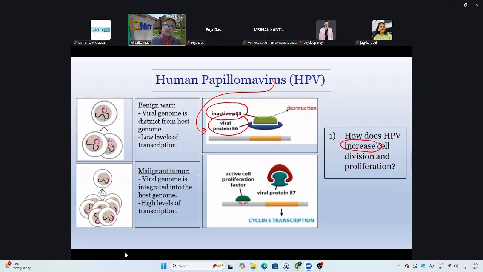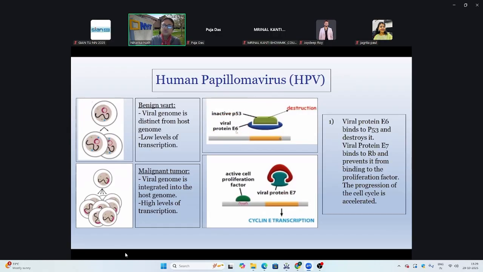And in case of these malignant tumors, there's a viral protein called E7, and again, it will bind to the other proteins that help to make other proteins, and so it will bind that and it will prevent it.